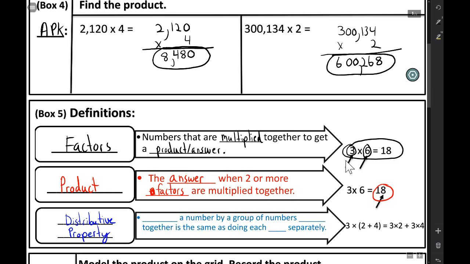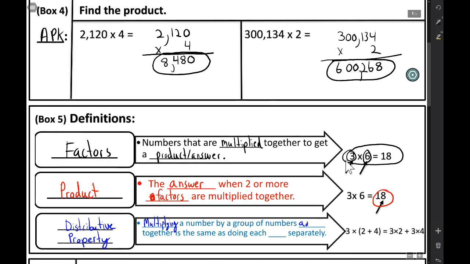Distributive property refers to multiplying a number by a group of numbers added together is the same as doing each multiplication separately.